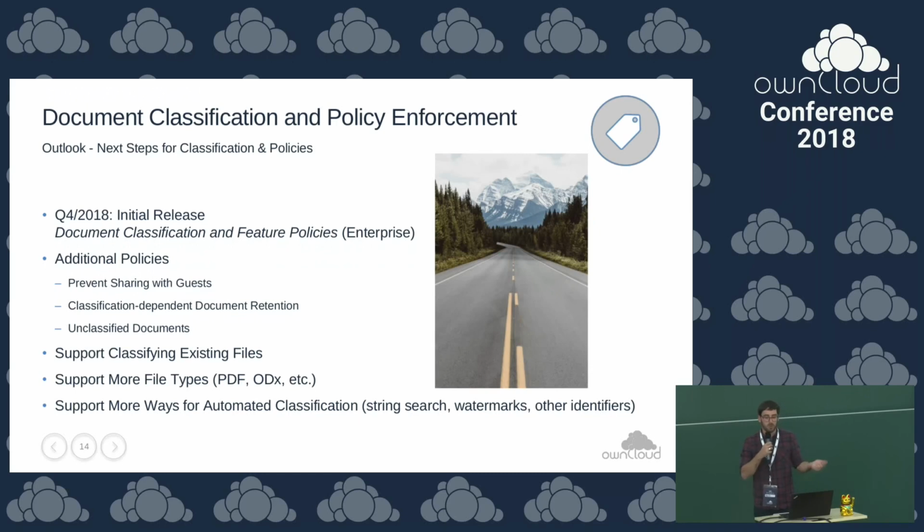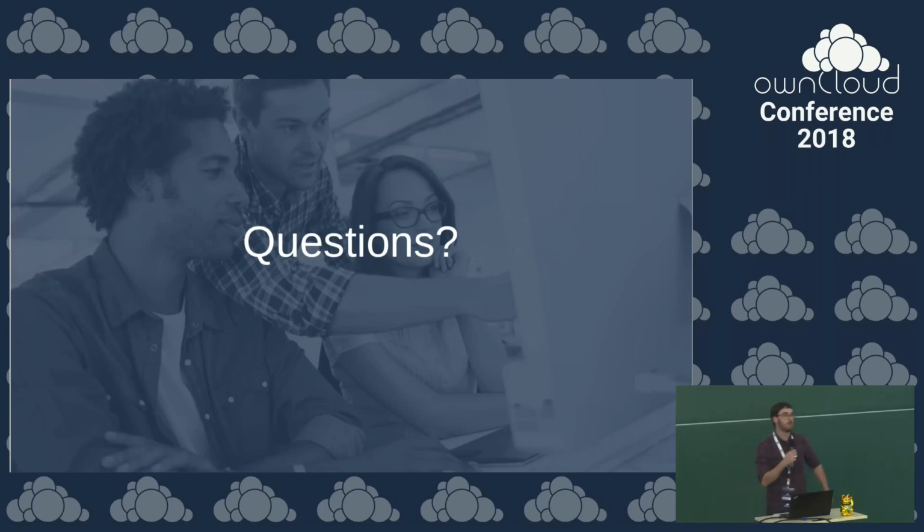And this will enable many more document types to be classified and to be really sure that information is exchanged in the way you want it to be. So far, so good. Do you have questions?